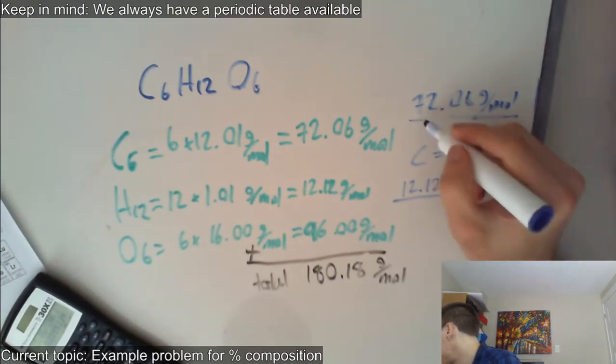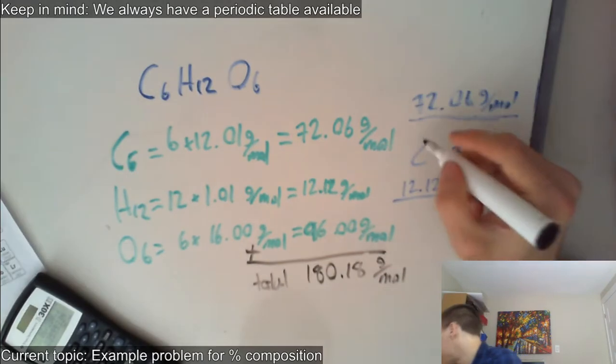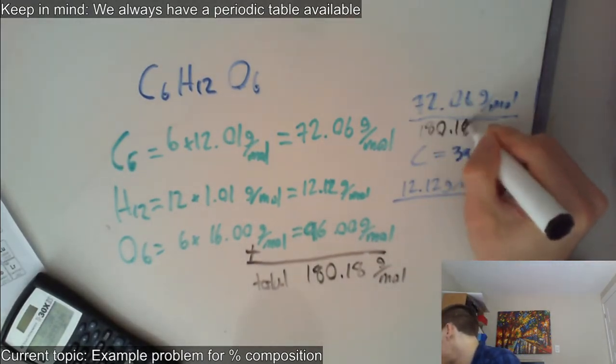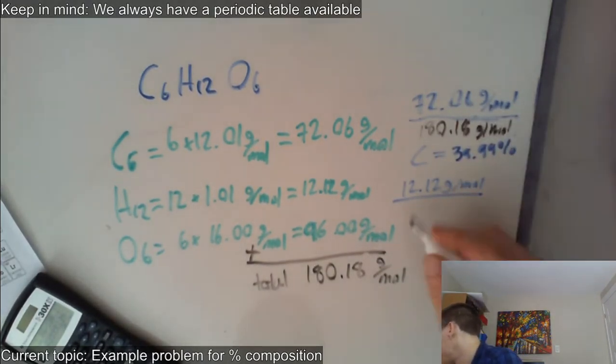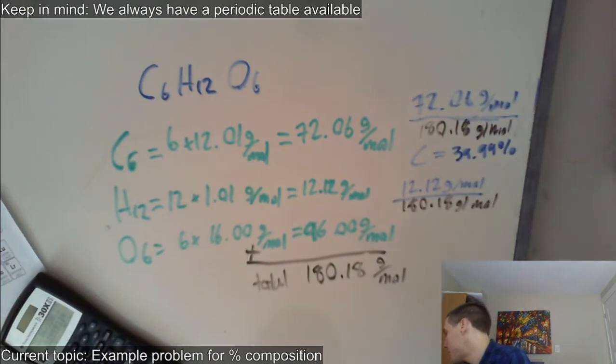I'm actually going to write my total in black so that we have a visual that it's a total: 180.18 grams per mole, divided by 180.18 grams per mole. So the percent of hydrogen is whatever that's going to be.